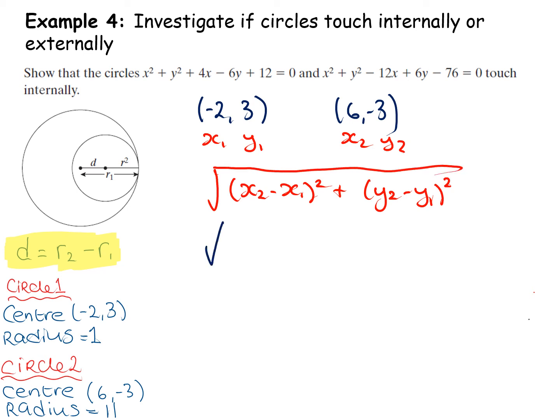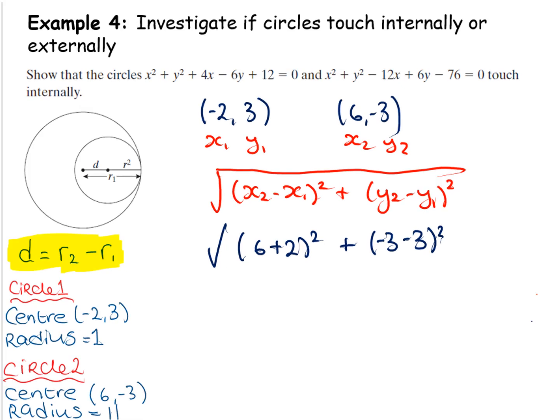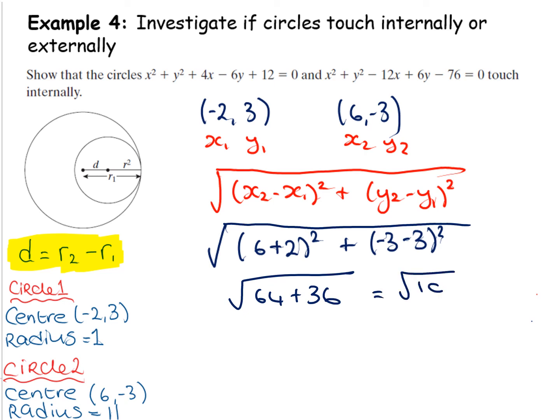Subbing into our formula, we have 6 minus minus 2, so plus 2 squared, plus y, which is minus 3 squared. So we have 64 plus 6 squared, which is equal to the square root of 100, which is equal to 10.